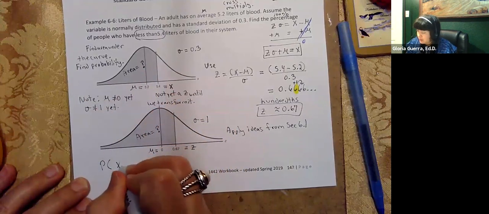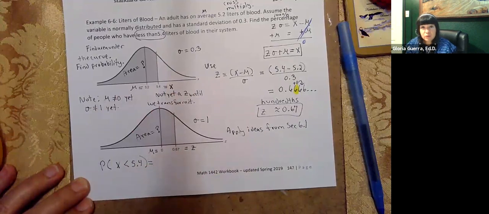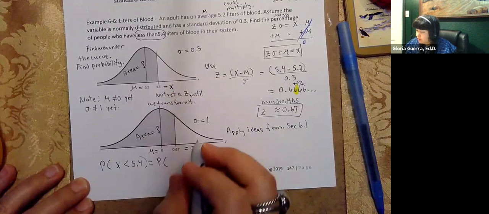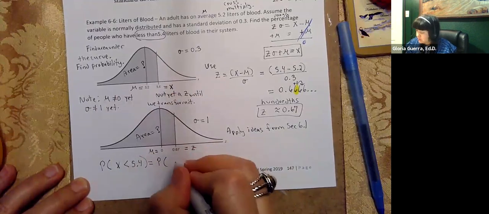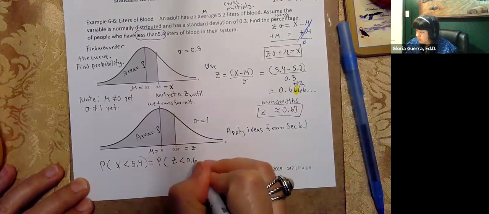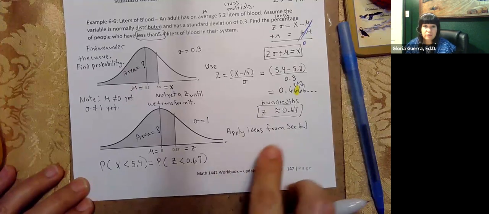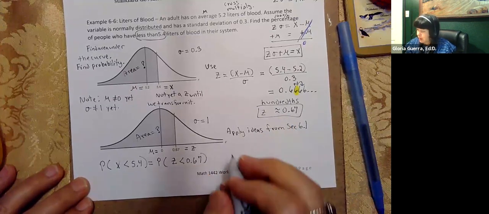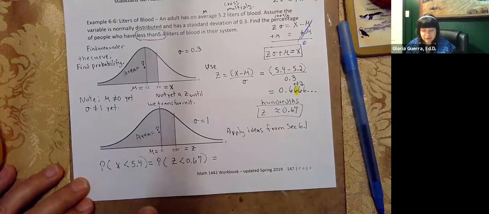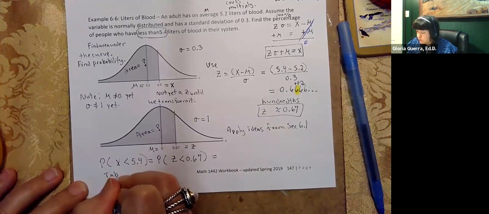And then we ran it through the formula and we transformed it. Now we're trying to find the probability, but it's no longer an X. Now it's a Z that's less than 67 hundredths, from here, right? And this is the easiest scenario when you find area to the left. So we're going to use the table first.